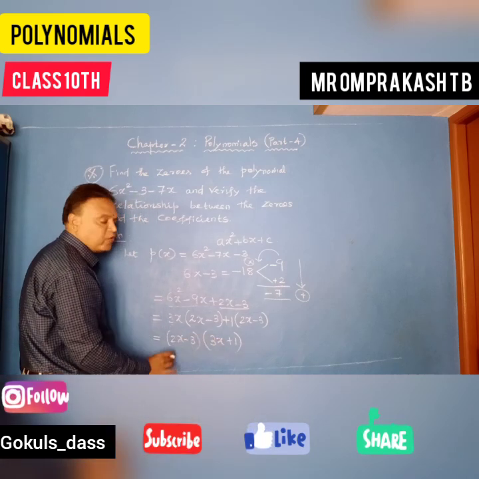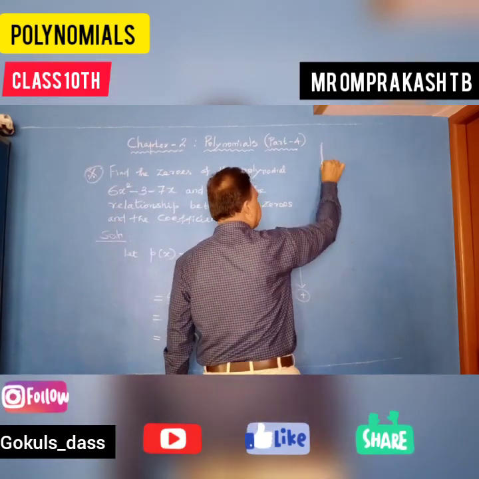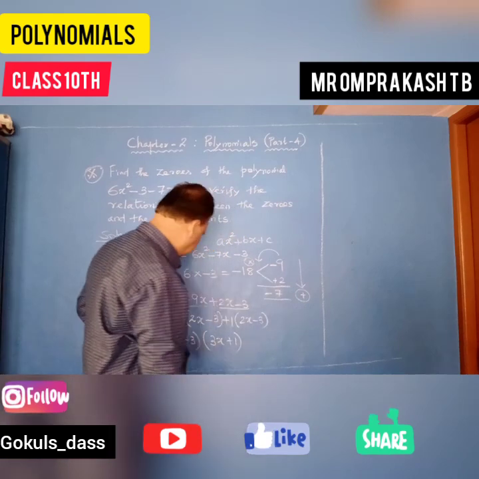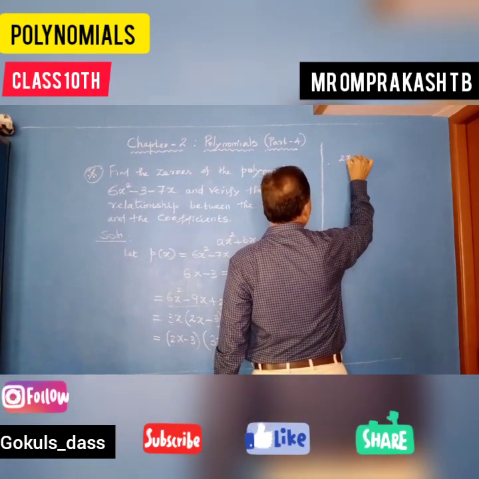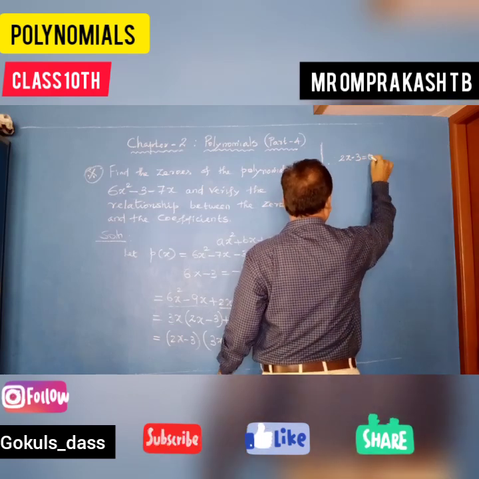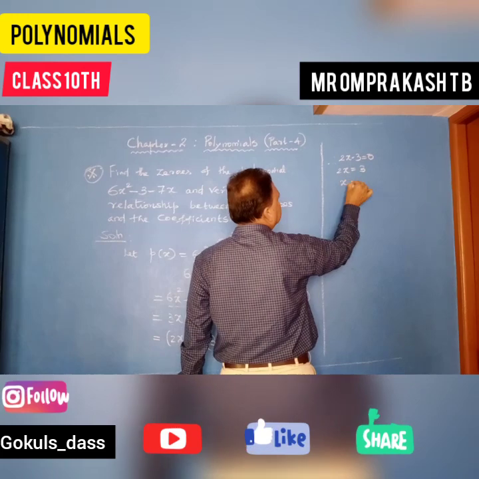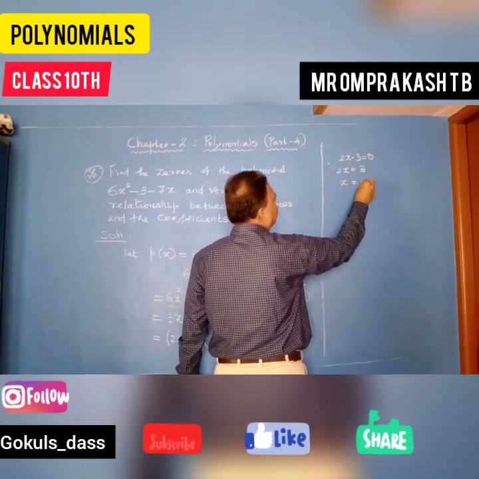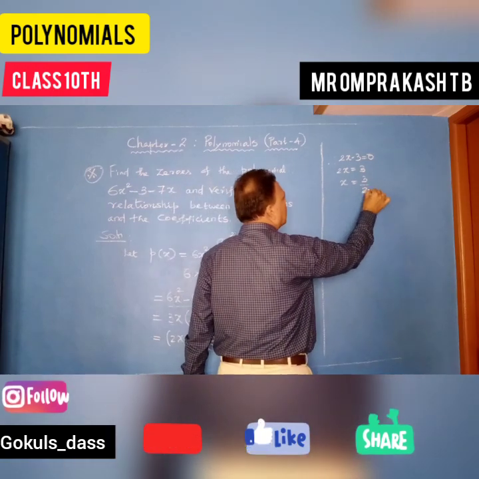So both factors you take as 0. Therefore 2x minus 3 equal to 0. 2x is equal to 3. Therefore x is equal to 3 by 2. Right? x is equal to 3 by 2.